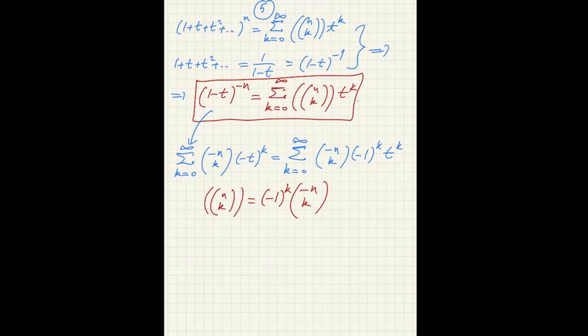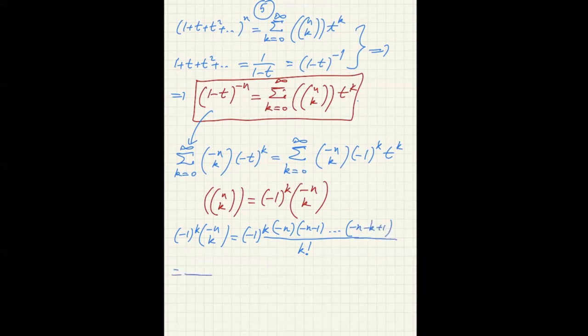Well, we can calculate it. Minus 1 to the k, minus n choose k. It's going to be minus 1 to the k. And here we have k factorial at the denominator, and we go minus n times minus n minus 1. We have to have k factors at the top, so it's going to be minus n minus k plus 1.